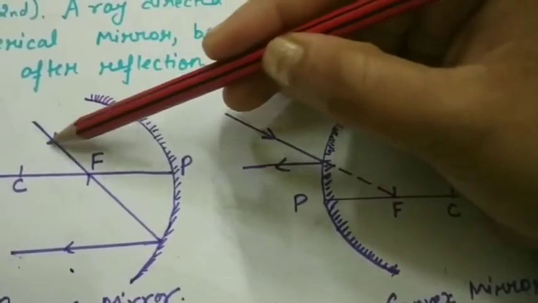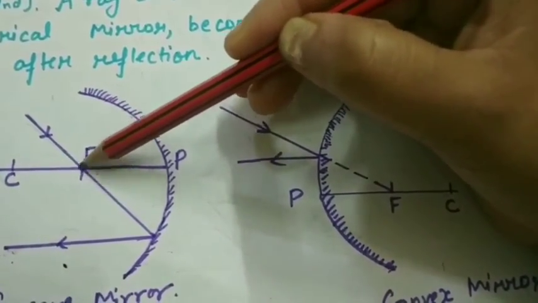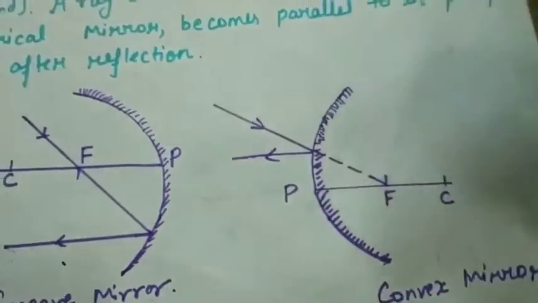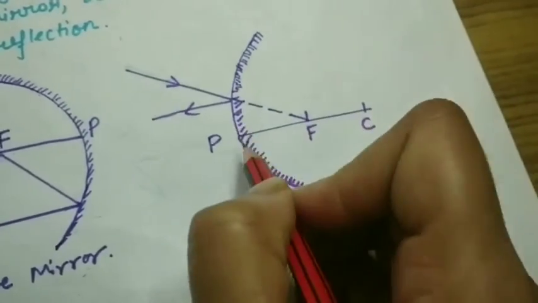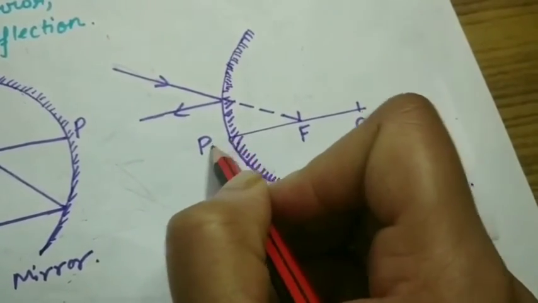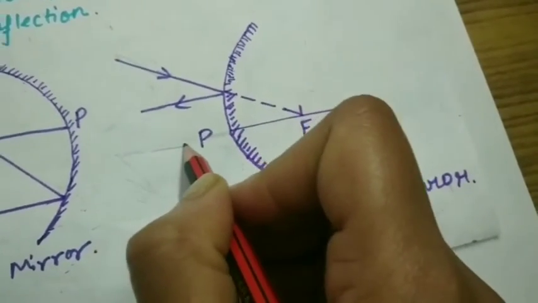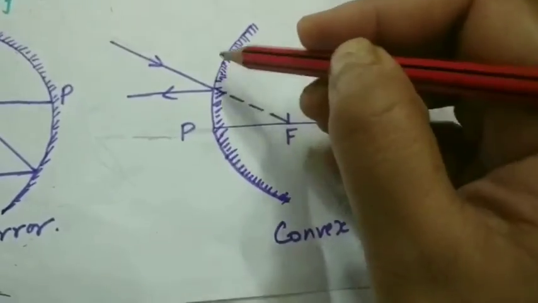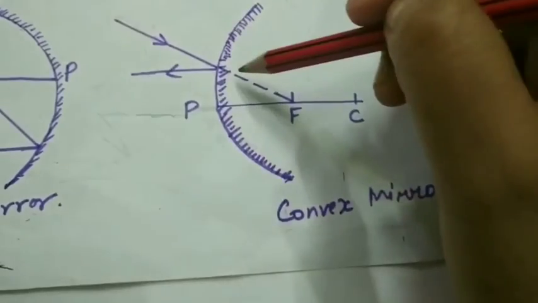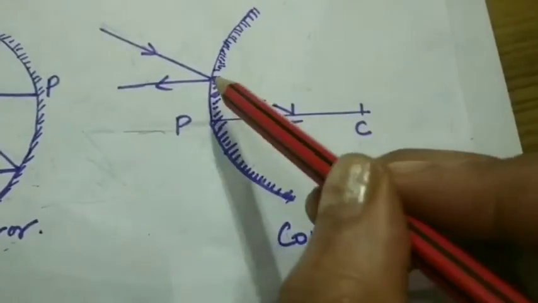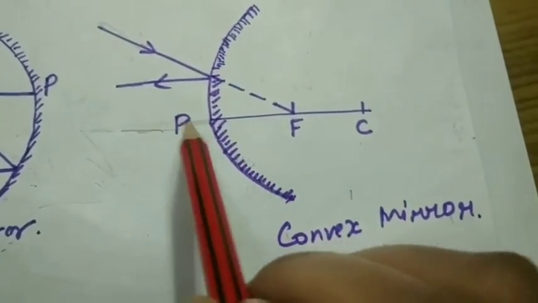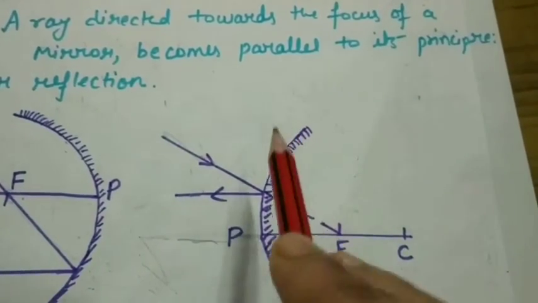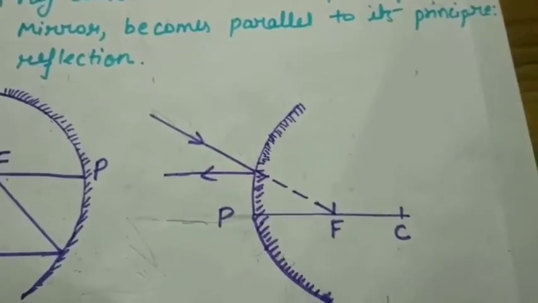Here the incident ray comes and falls on the focus, so after reflection it becomes parallel to the principal axis. Why? Because it was directed toward the focus. This is the second law.